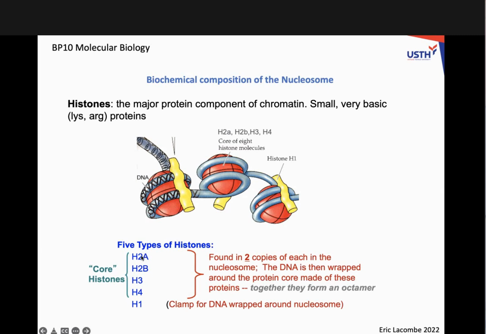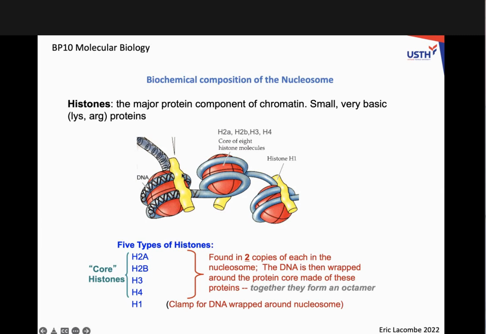You see that these histones H2, H3 are similar between themselves, but very different from the H1 histone. And this H1 histone has a completely different role. It's very well schematized here. It's going to clamp the DNA that is wrapped around the core nucleosome.